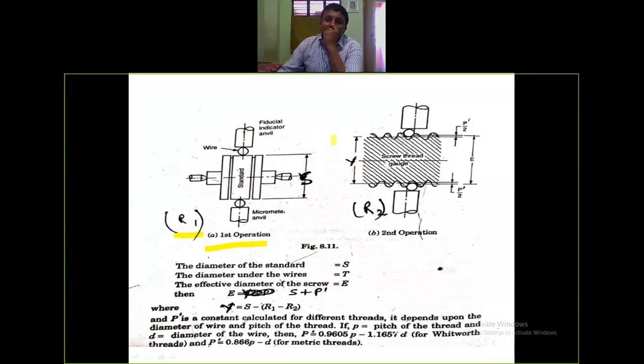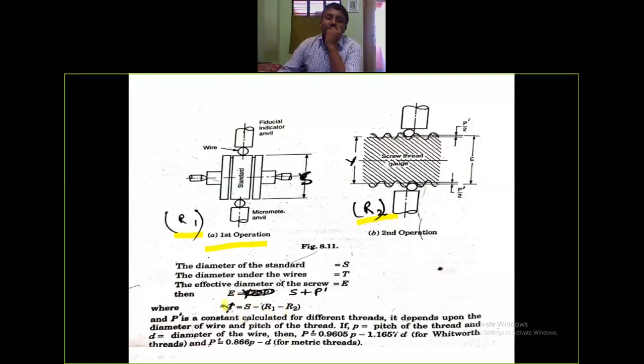And when you put the screw thread in this floating carriage micrometer, whatever reading you get is R2. So what will be your Y? Y is the diameter of the wire. Y is given by S minus R1 minus R2, and effective diameter is given by E equals Y plus P dash. So in order to find the value of E, we must first find the value of Y.